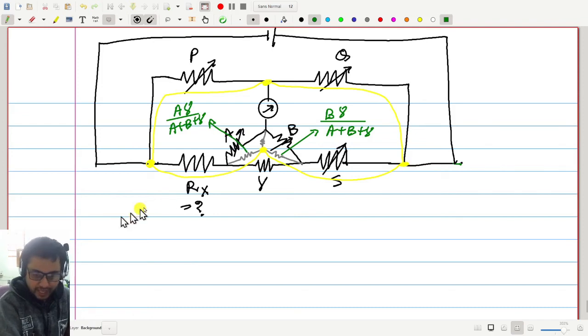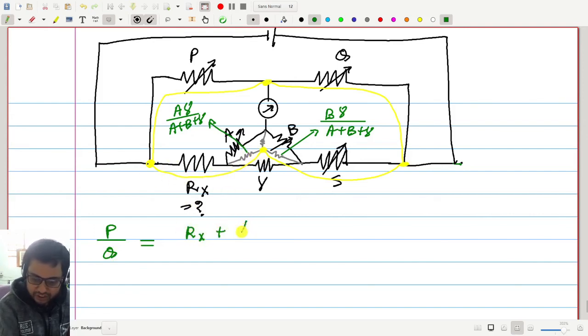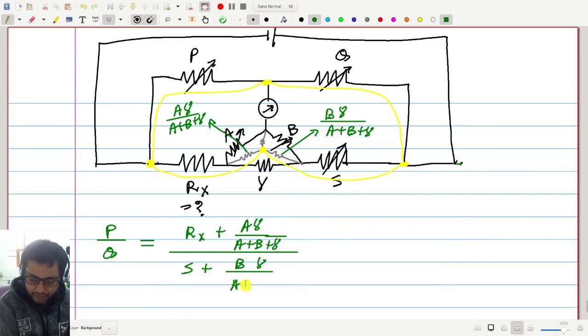for a Wheatstone bridge, and that is P by Q is equal to these two resistances together, X plus this resistance, which is A gamma by A plus B plus gamma, divided by S plus this resistance, S plus B gamma by A plus B plus gamma.